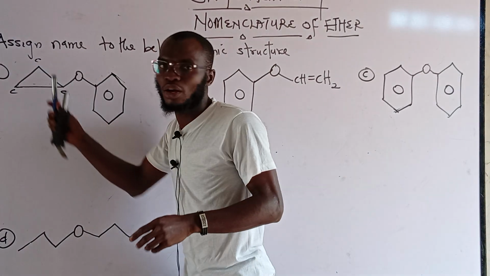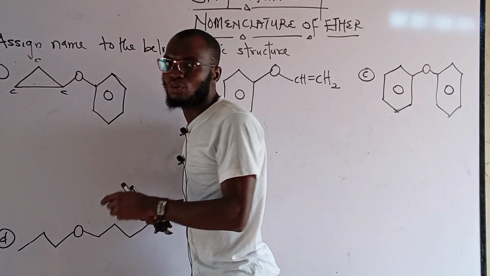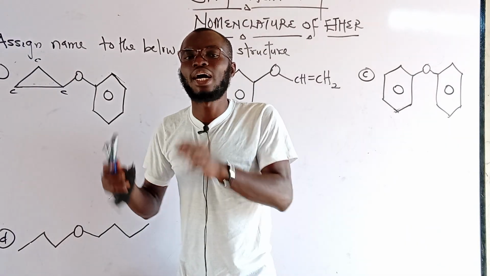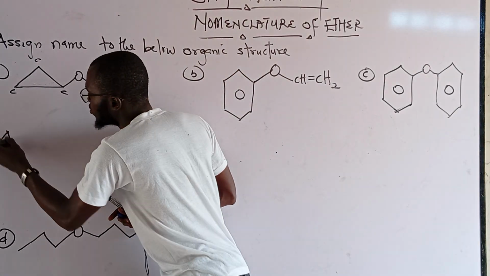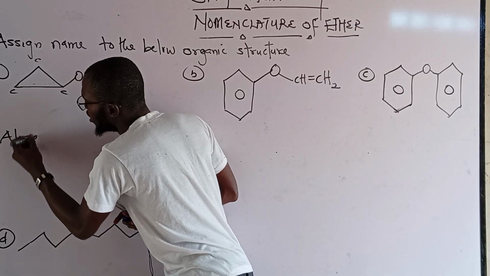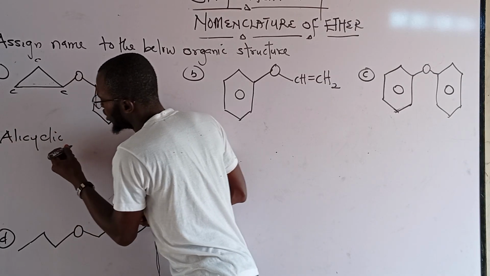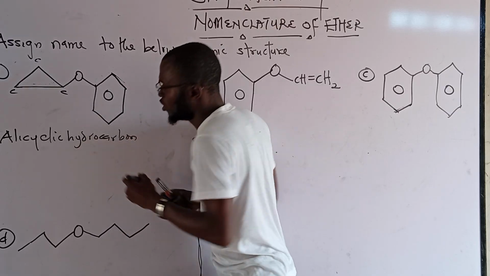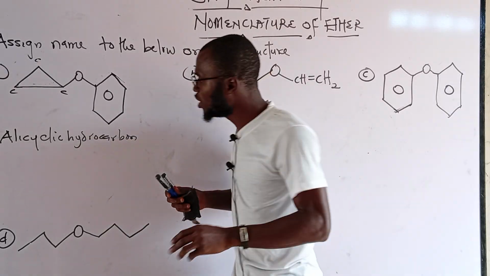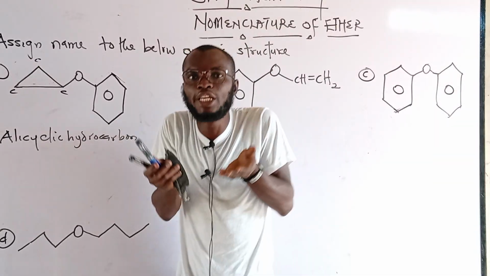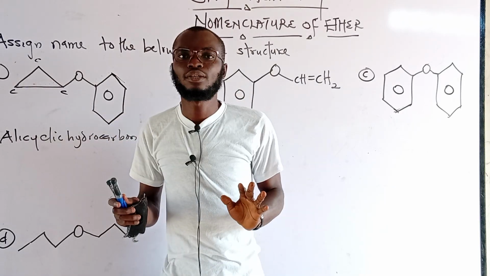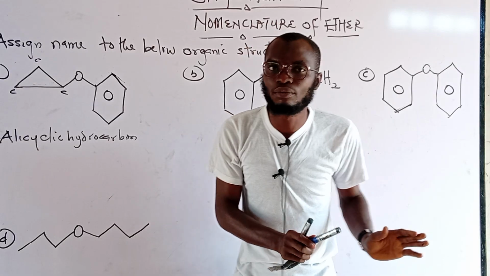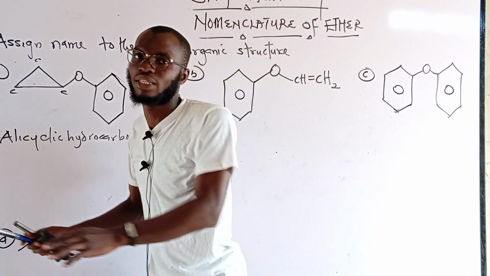So we call this one, but it is arranged in what? We have what we know as alicyclic hydrocarbon. When I say alicyclic hydrocarbon, I mean those hydrocarbons that behave like aliphatic hydrocarbons, but they are not aromatic.